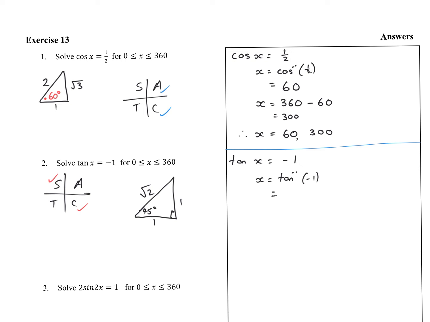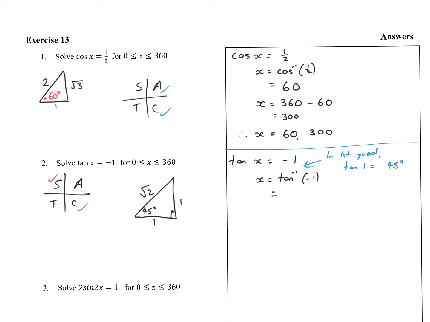So we probably should have put in here, in first quadrant, tan 1 is equal to 45 degrees. Between those lines of working. Yeah, yeah. So in the first quadrant, tan 1 is equal to 45 degrees.